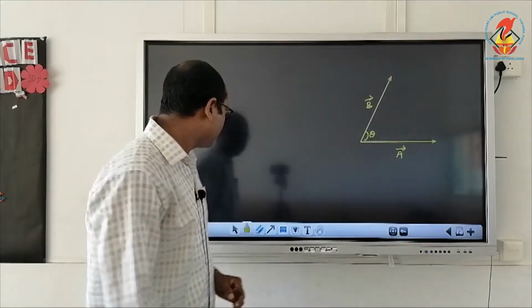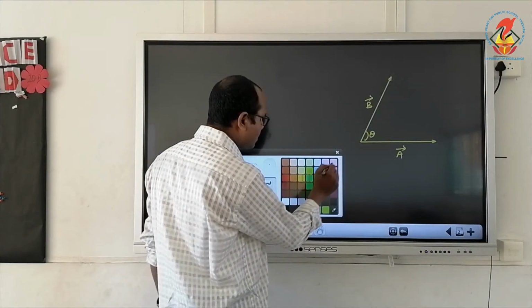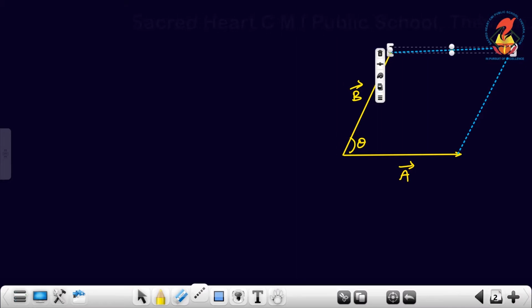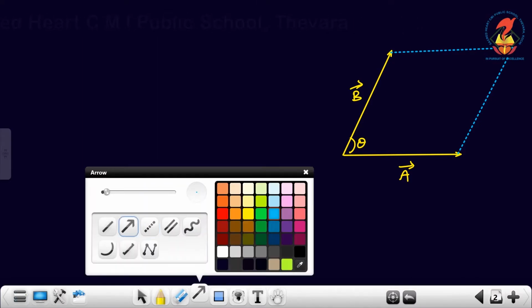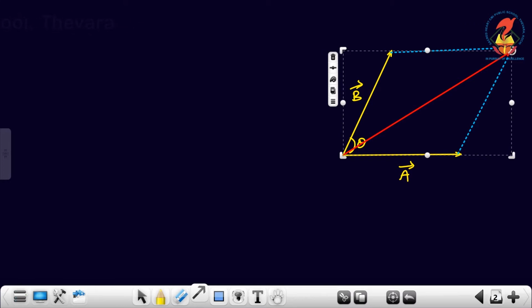I am going to use the parallelogram law to find the resultant. I made the parallelogram, and the diagonal of the parallelogram gives the resultant. So, this is the resultant vector.